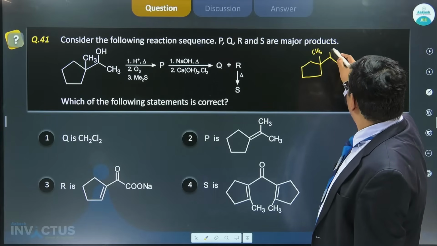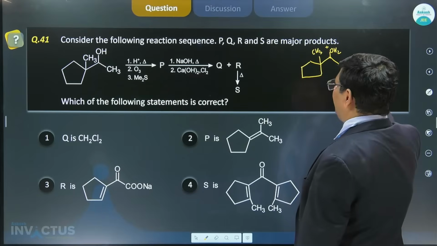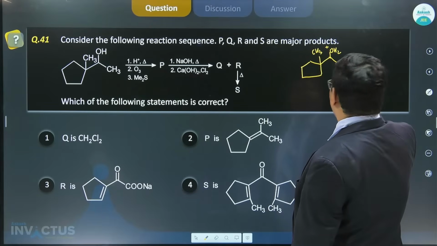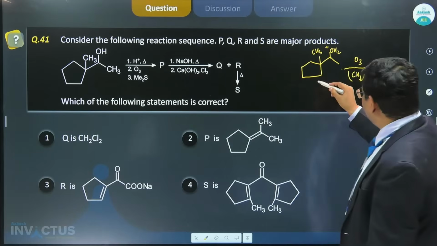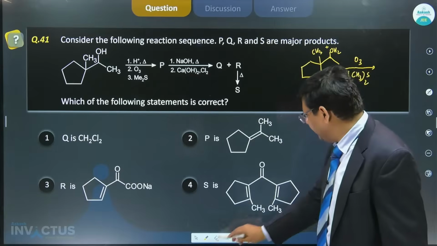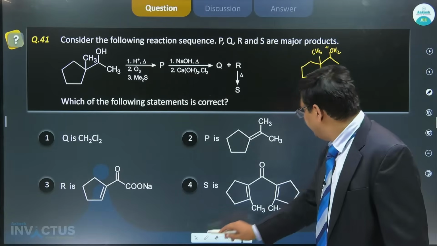And first we'll make a carbocation here, like after protonation we'll get this formation, step 1. Then ozone in dimethyl sulfide, it is reductive. So after formation of this cation, I'll make a compound completely first so that it will be easier for everyone.